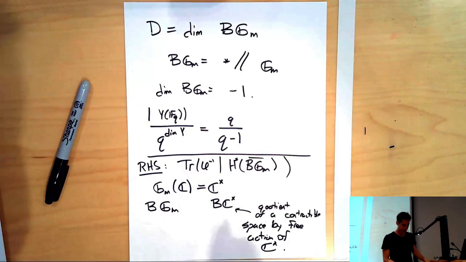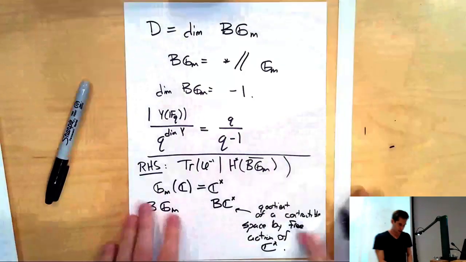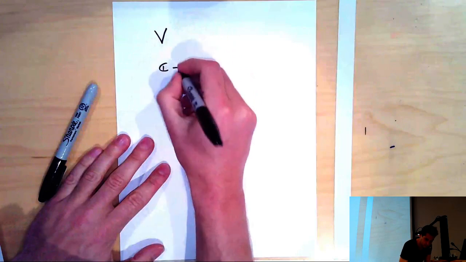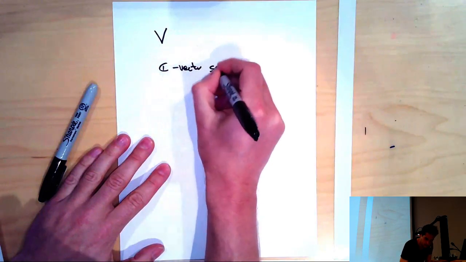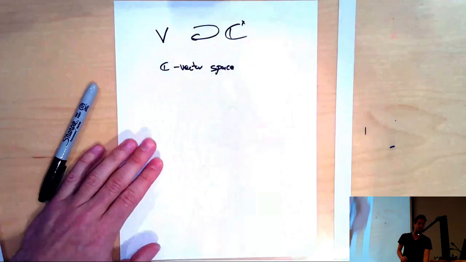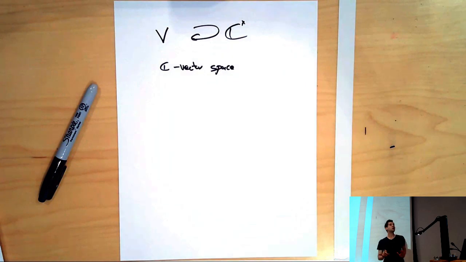So where would you find such a contractible space? Well, it's easy to find things with an action of C star. You could take any complex vector space V. If V is a complex vector space, then of course C star will act on V by multiplication. Now that action won't be free.